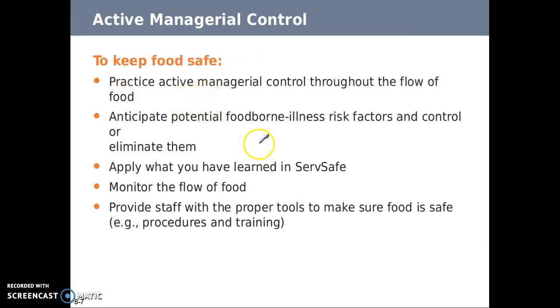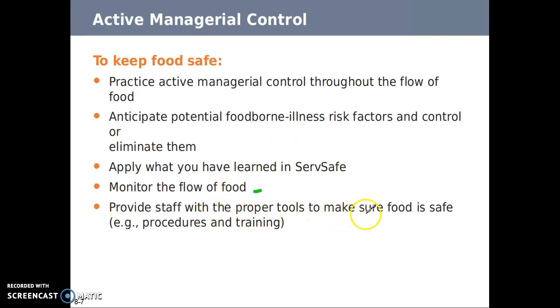Active managerial control is designed to keep food safe throughout the flow of food in the operation. You are going to anticipate potential foodborne illness risk factors and control or eliminate them. Apply what you have learned in ServSafe. Monitor the flow of food.